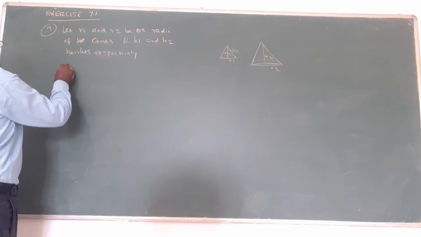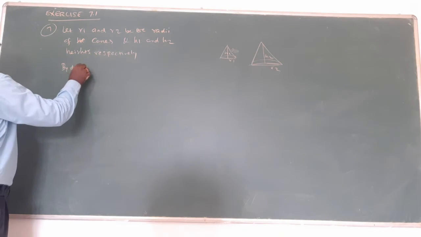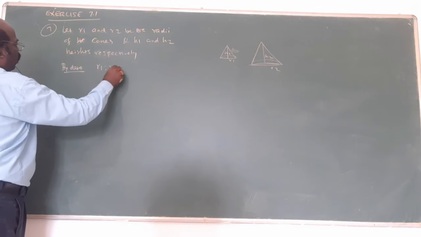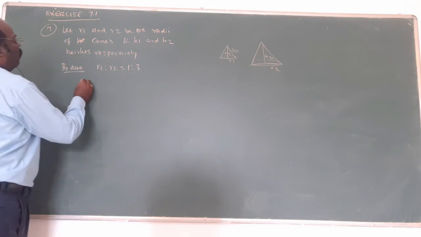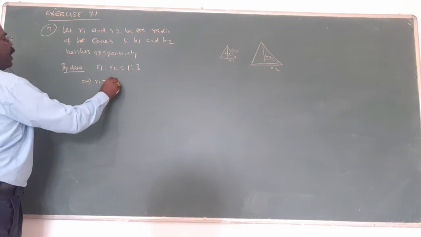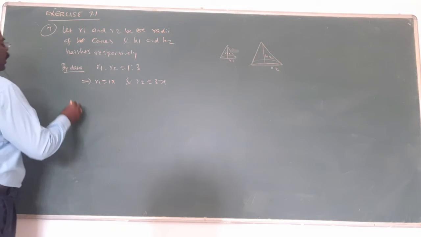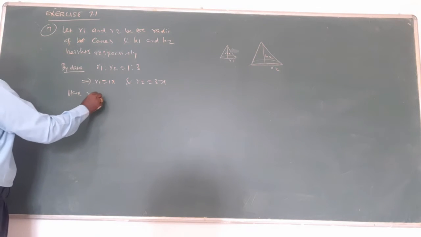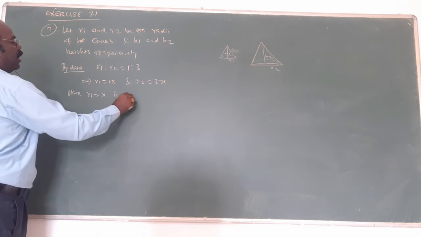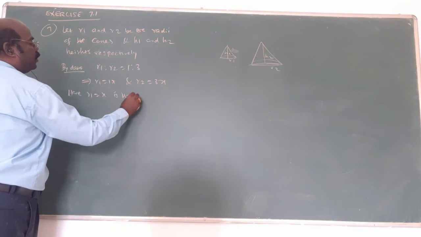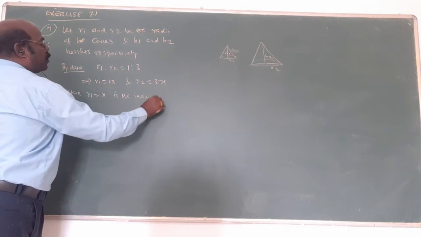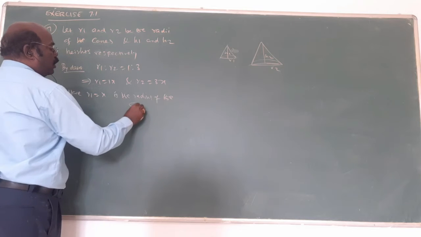By the data, the ratio of radii r1 to r2 is 1 is to 3. So r1 is 1x and r2 is 3x. Here, 1x is the radius of the smaller cone, which is very important.